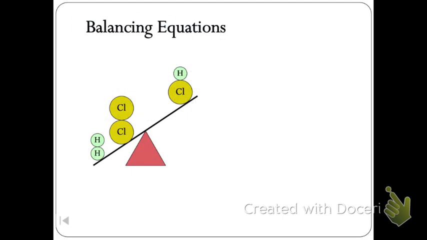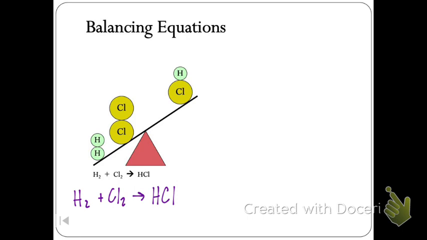Okay, let's look at this first equation here with HCl. Our first reaction says H2 plus Cl2 yields HCl. Does that reaction look like it's balanced to you? Yes or no? Are there the same amount of hydrogens on the left and on the right side of the reaction?